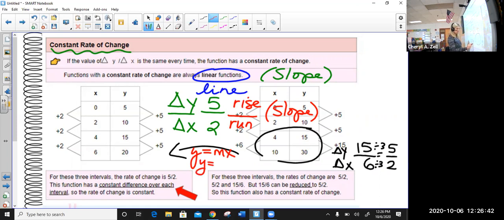Y equals 5 over 2 x. Same thing. So you're plugging in the rate of change, whatever that is, your m, that is your slope, into the equation y equals mx. You don't need to worry about the y and the x at this point, but that's how you would write it. Are there any questions before I go on?